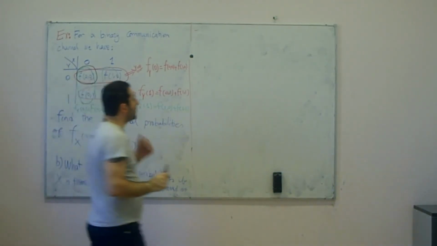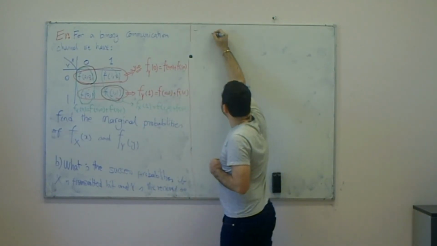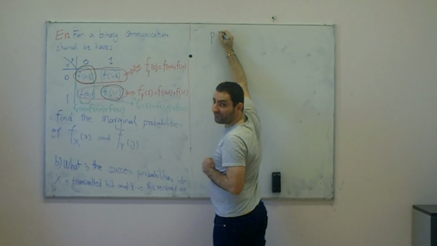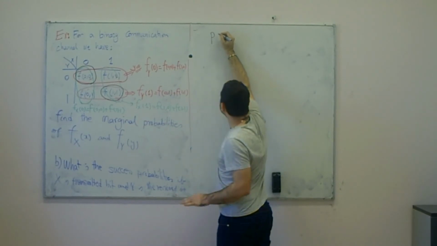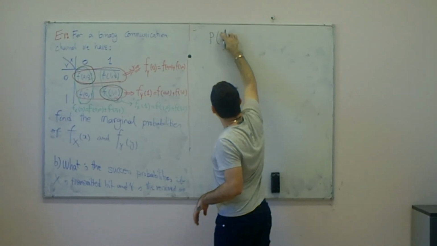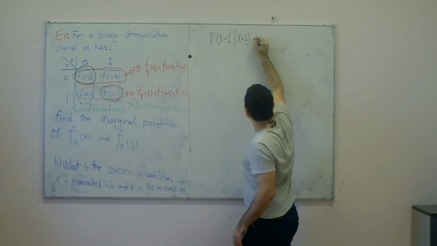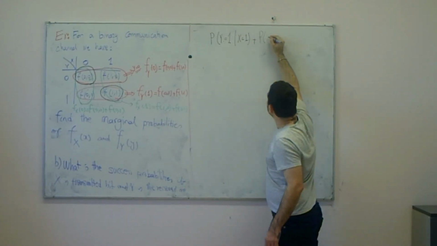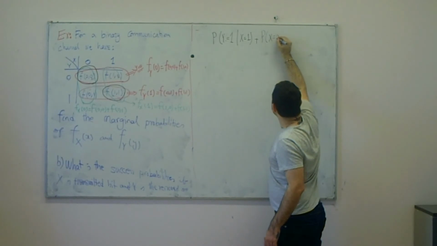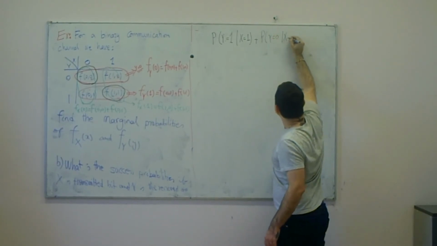So in other words, the question is, what is the probability that Y is 1 given that X is 1, plus the probability that Y is 0 given that X is 0?